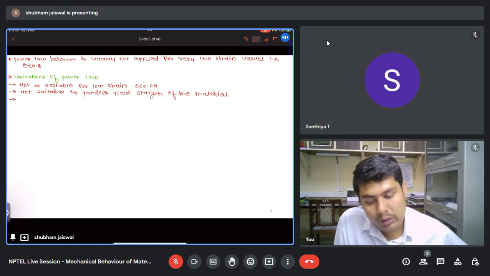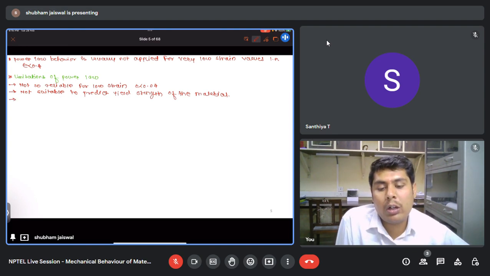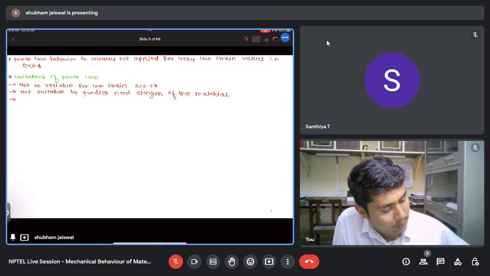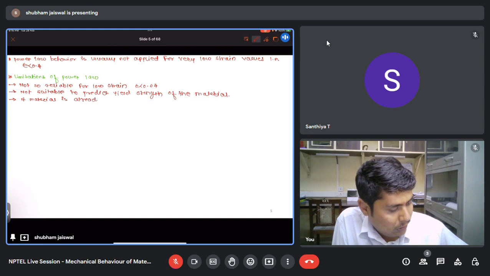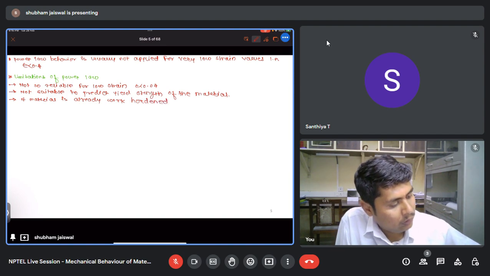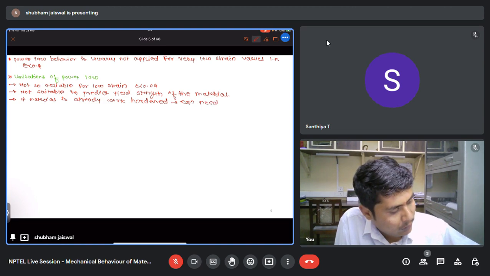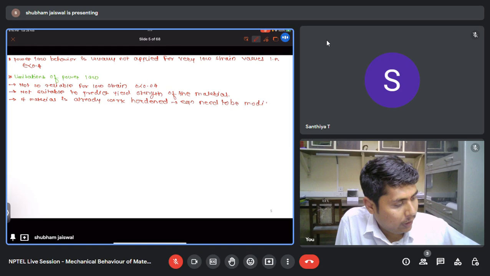And the third limitation is that if the material is already work hardened, then the equations need to be modified.